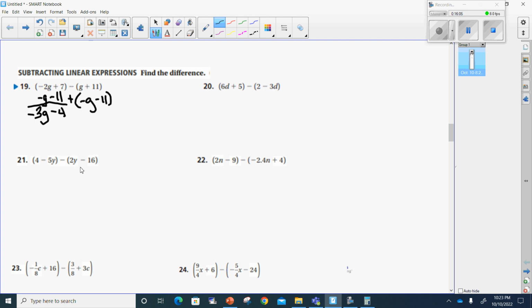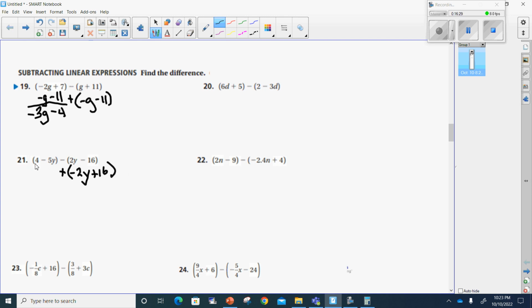When my signs are the same, I find the sum. We're off to number 21. I'm going to change all these signs again. This becomes a positive. And inside here, it becomes a negative 2y, because a negative times a positive is a negative. And then a negative times a negative is a positive 16. All the signs become the opposite. Now I'm going to bring that on over here.